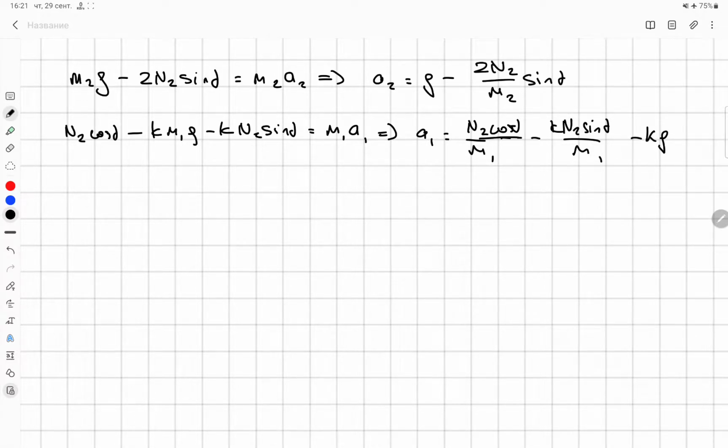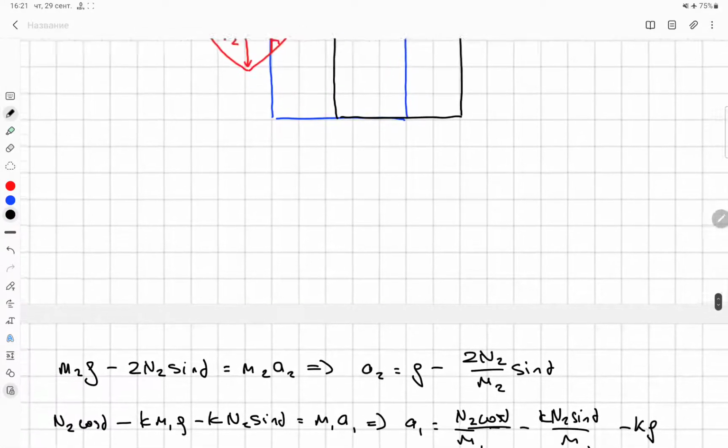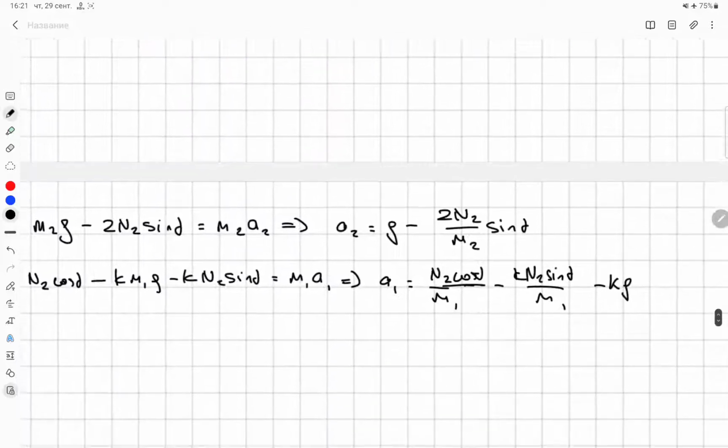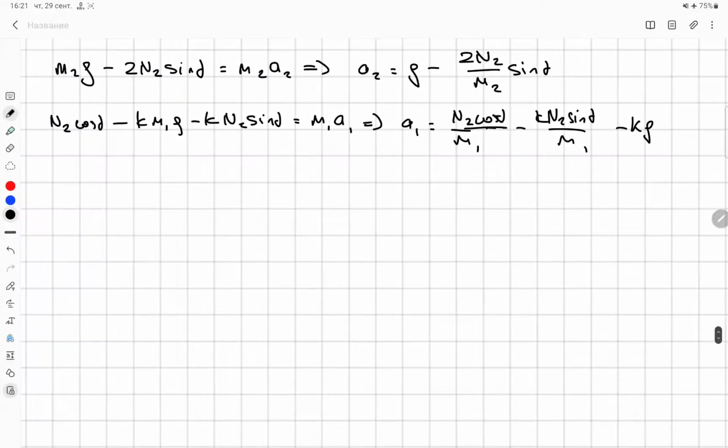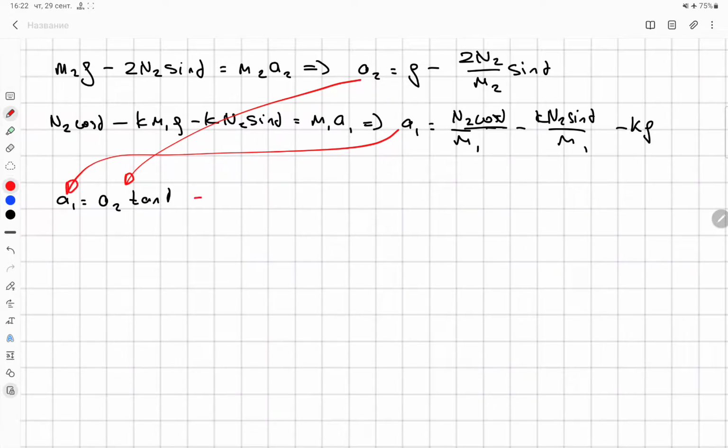And the last equation, a1 equals a2 tangent alpha. Let me substitute a2 here and a1 here, and in this equation we will have only one unknown, n2. First of all we will find n2, then we can easily come back to equation number 1 and 2 in order to find accelerations.